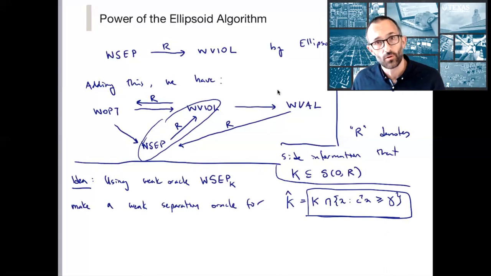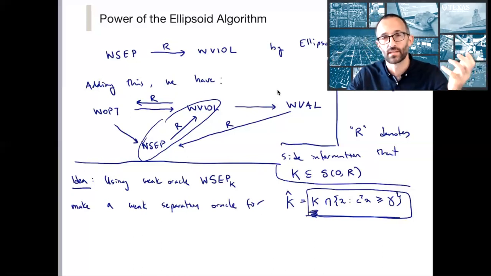to the ellipsoid algorithm. Now the ellipsoid algorithm needs separation, and all we have is separation on K. That's our assumption. But for the set K intersect a half space, it's also pretty easy to find a separation oracle, because it is K for which we have the oracle, and then just one additional explicitly given half space inequality.